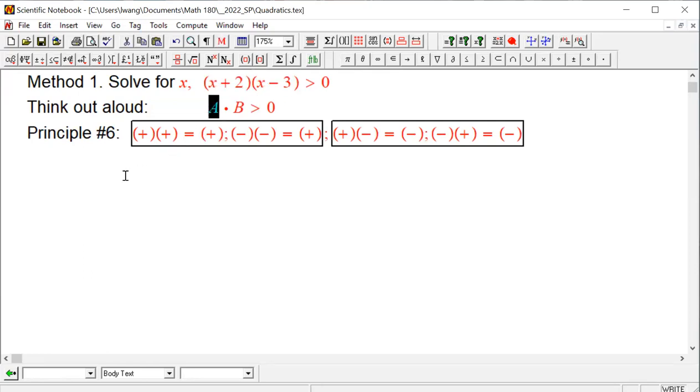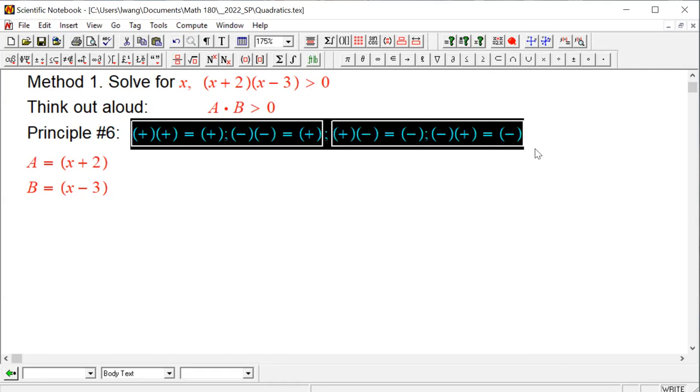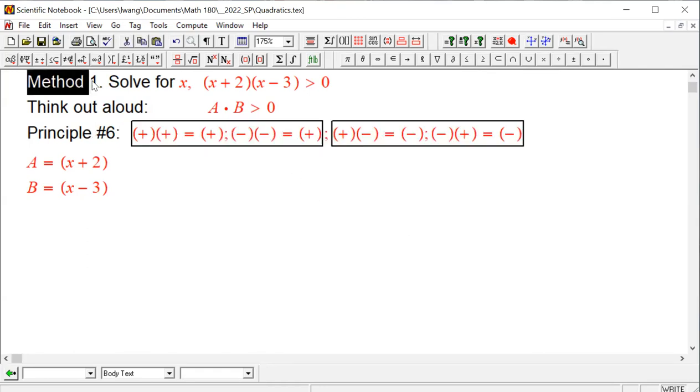So if we think of A as x plus 2, and we think of B as x minus 3, and we know the sign changes, then we can use principle number 6. So the first method we're talking about here is just based on the analysis of sign.